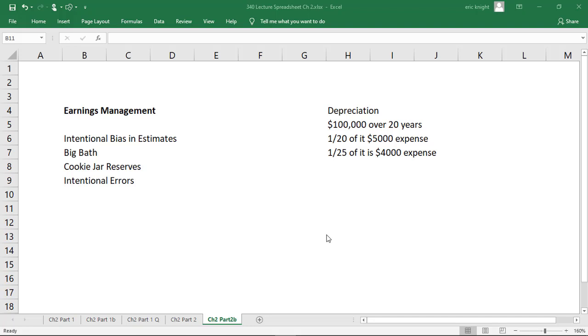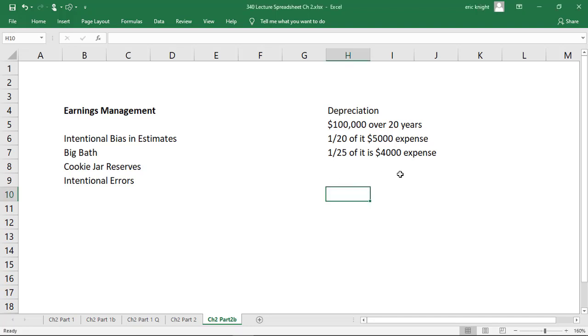This final earnings management tool we're going to look at is called an intentional error. Management makes intentional errors that aren't so big because oftentimes they are overlooked. They're small enough to be considered immaterial, meaning that they're not significant. However, if management does this enough, it can add up to be significant, to be material.